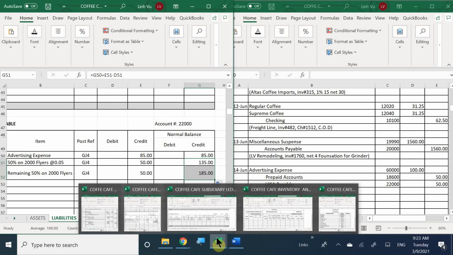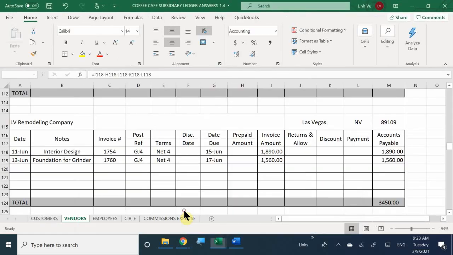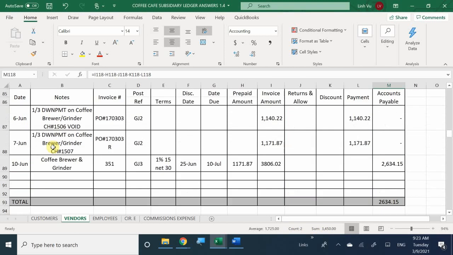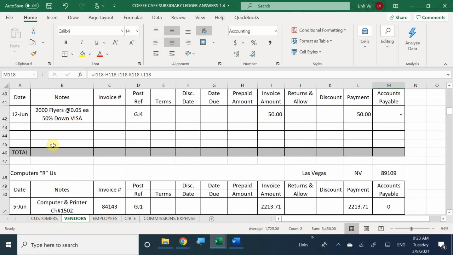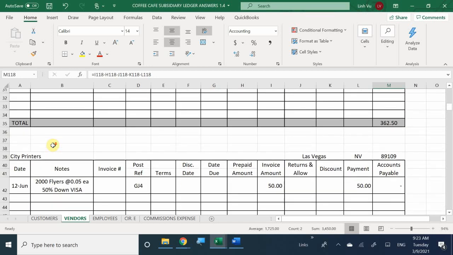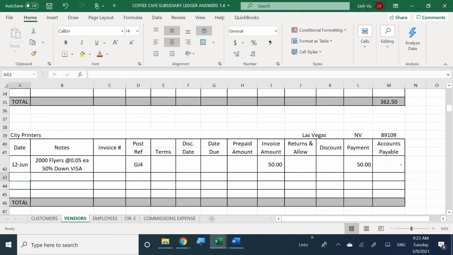And last but not least, we got to go to our subsidiary ledger and visit City Printers, which is going to be somewhere at the top. City Printers. Here we are. City Printers. The date is the 14th.